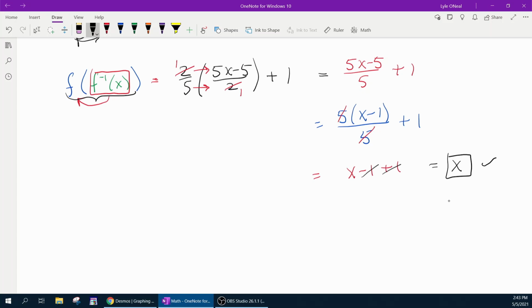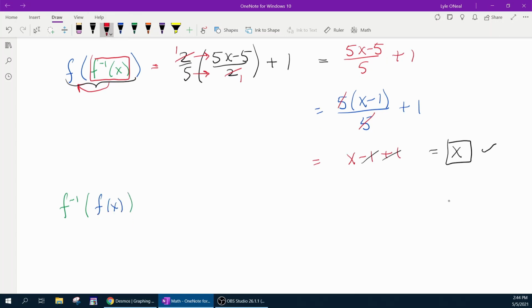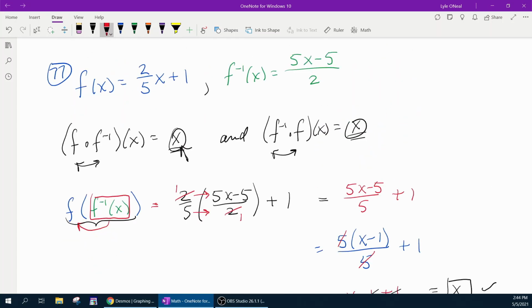Now, is that it? No, that doesn't verify that the inverse is correct because I have to go both ways. So the next thing we need to do is calculate f inverse of f of x. Now, what is that telling me to do? This is telling me to take the original function and plug it into the inverse everywhere there's an x. So here's a visual of what's about to happen.